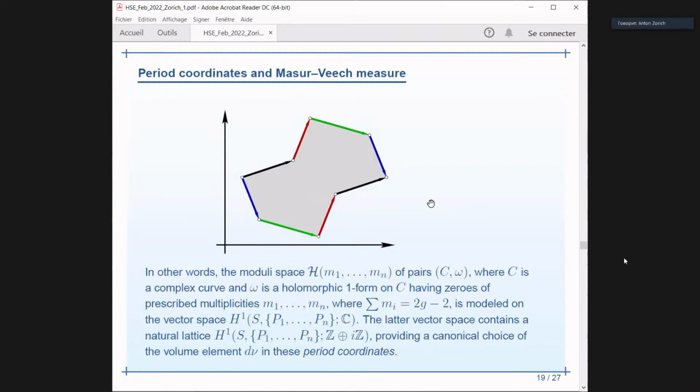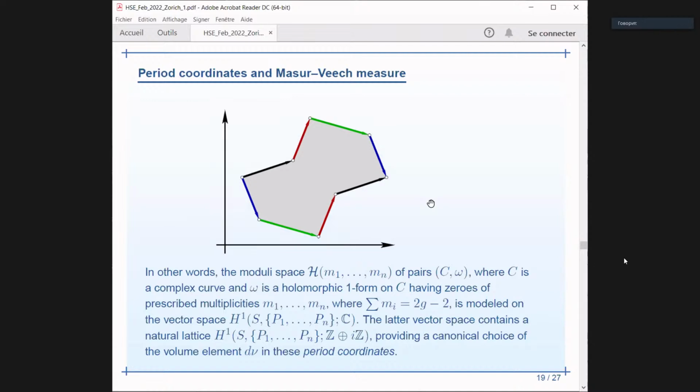Now, our vectors can be seen in the following way. If you consider a black vector or red vector not as a vector in R^2, but as a complex number, then this complex number is nothing but the integral of the form dz over the corresponding side.